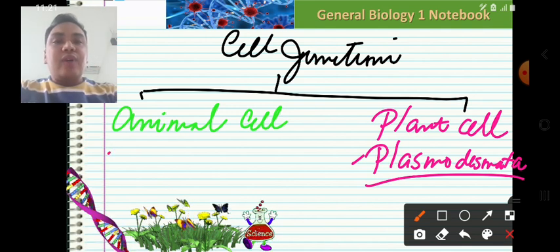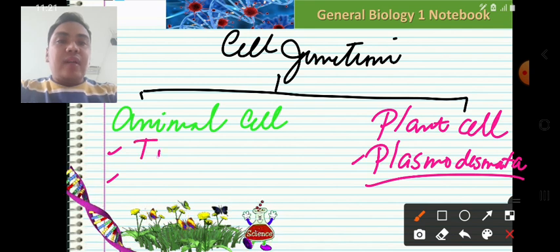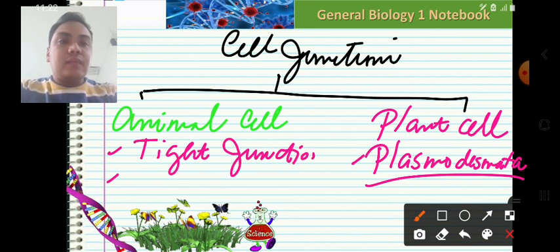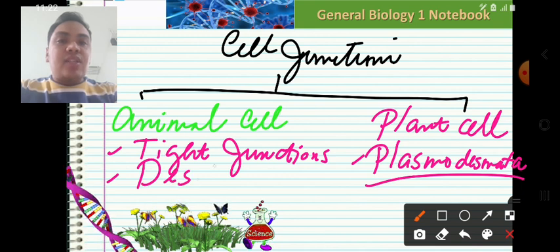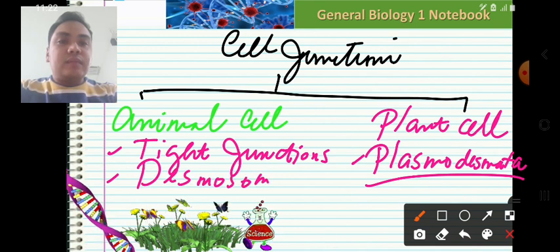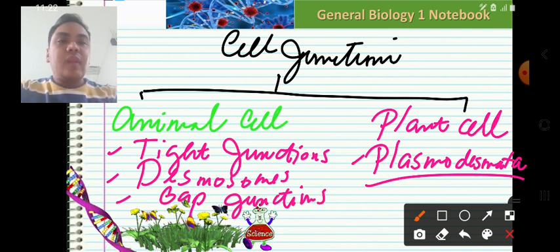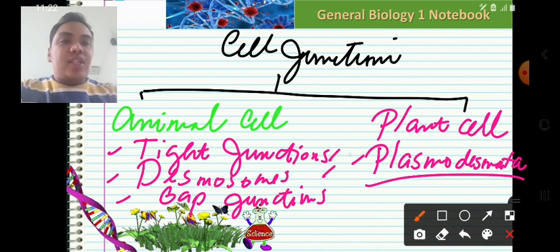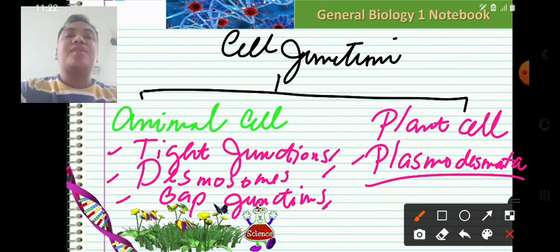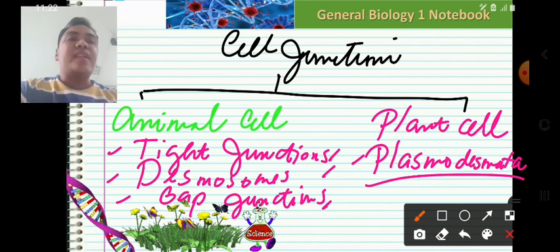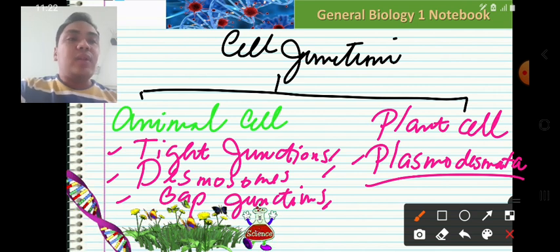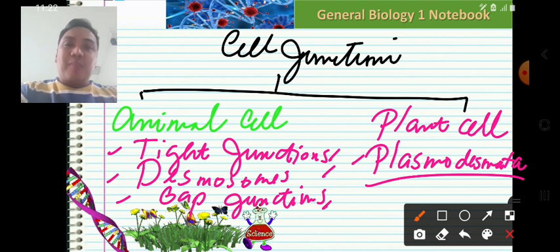And for the animal cell, you have tight junctions, second, desmosomes, and third, gap junctions. So tight junctions, desmosomes, and gap junctions are the cell junctions for the animal cell. On the other hand, plasmodesmata is the cell junction for the plant cell.